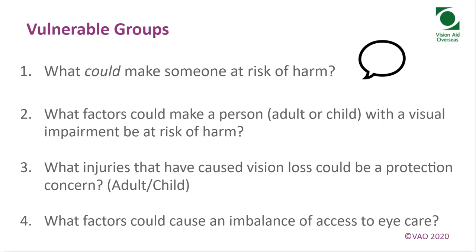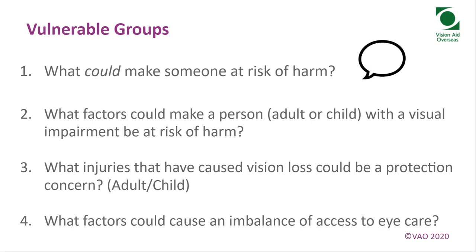It is therefore vital to be open to the possibility that any adult or child may be at risk, and that this can be temporary or ongoing depending on the support and protective factors around them.